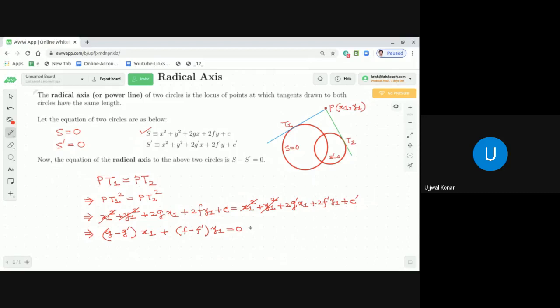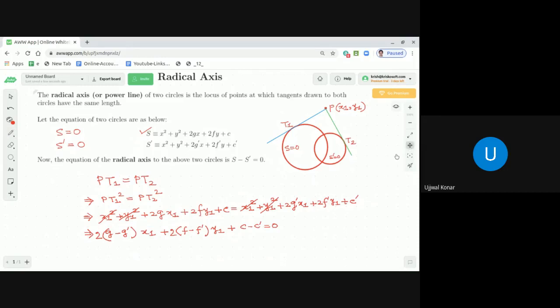So then what we are going to get is 2 into g minus g dash into x1 plus 2 into f minus f dash into y1 plus c minus c dash is equal to 0. Correct? Now we need to find the locus of that point x1, y1.